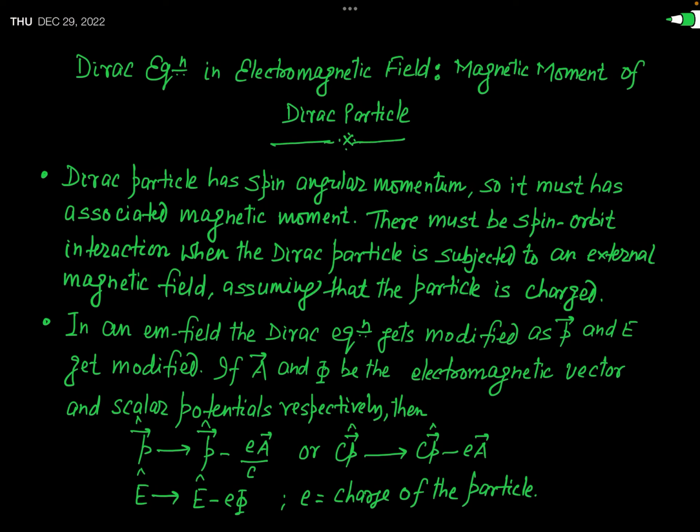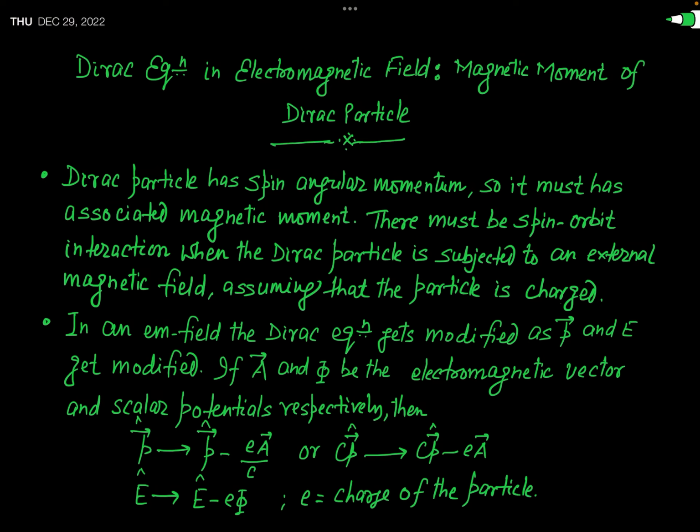When you say spin orbit interaction, that means there will be an interaction between the magnetic field and the spin angular momentum and its associated magnetic moment, orbital angular momentum and associated magnetic moment. So definitely, if the Dirac particle, particularly the Dirac particle which has charge, is placed in an external magnetic field, then there will be a spin orbit interaction.